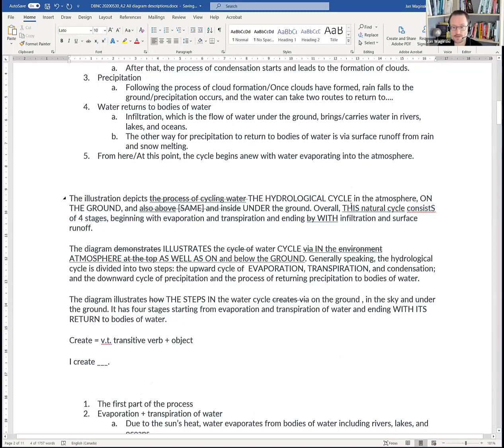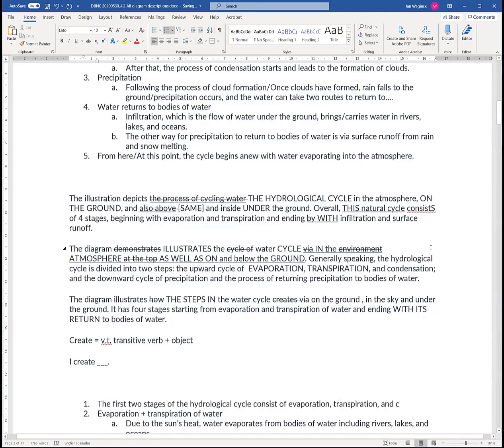Okay, so let's say this natural cycle consists of 4 stages. So let's say the first 2 stages of the process of the hydrological cycle. I want to be specific at the beginning of a paragraph. The hydrological cycle consists of evaporation, transpiration, and I cannot see where you are writing now.